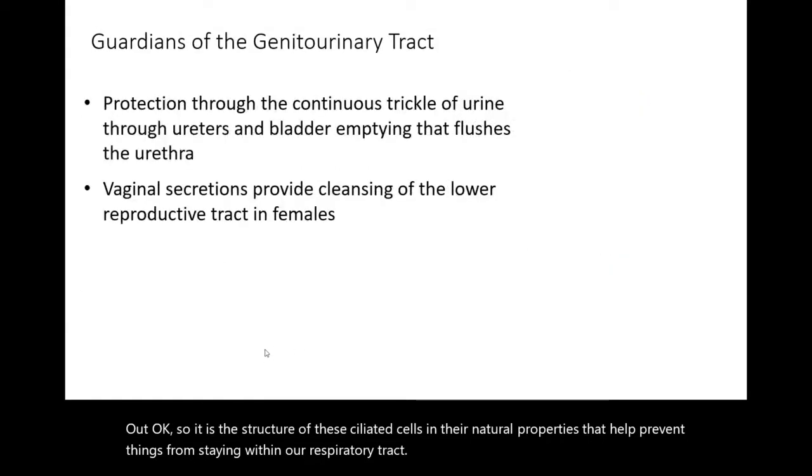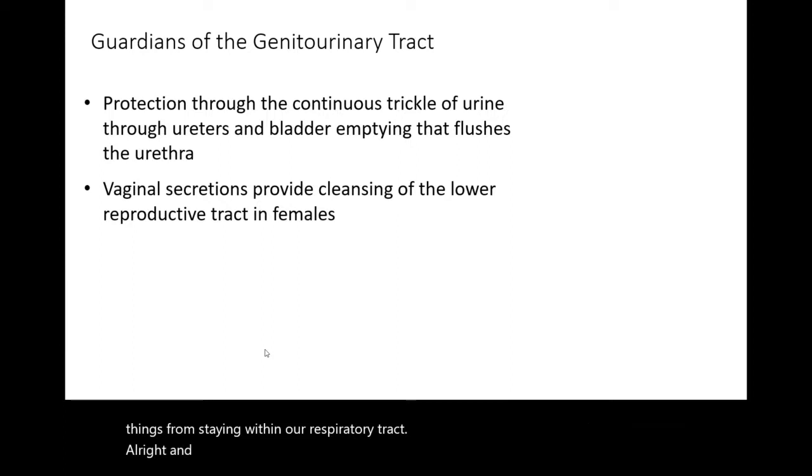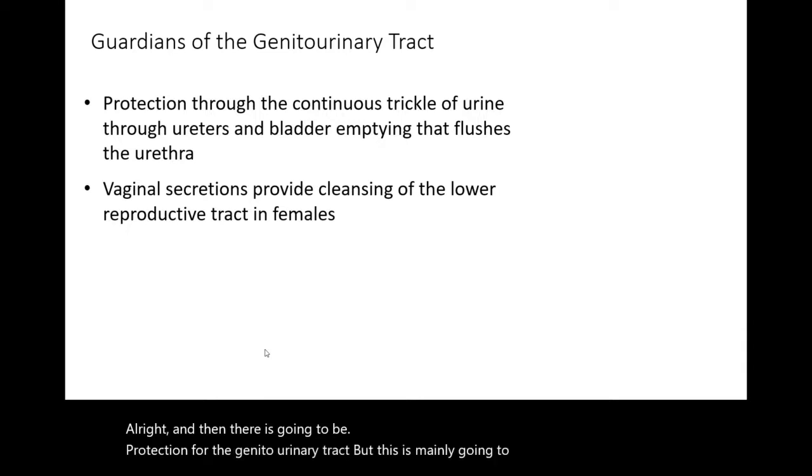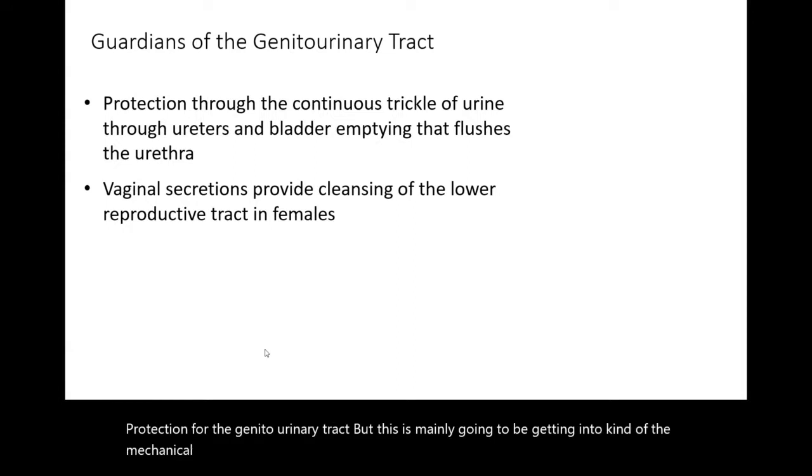Then there is protection for the genito-urinary tract, but this is mainly going to be getting into the mechanical movements and chemical properties. Vaginal secretions, for instance, are going to cleanse out the lower reproductive tract.